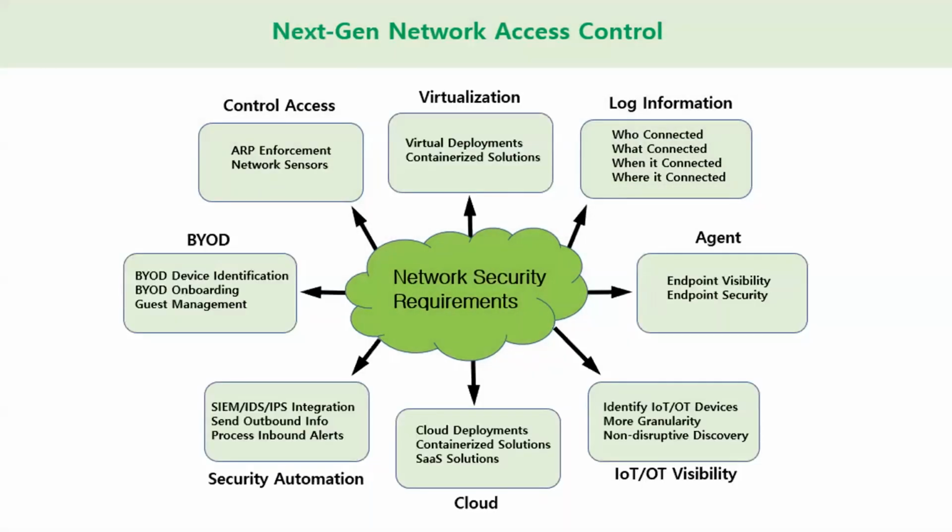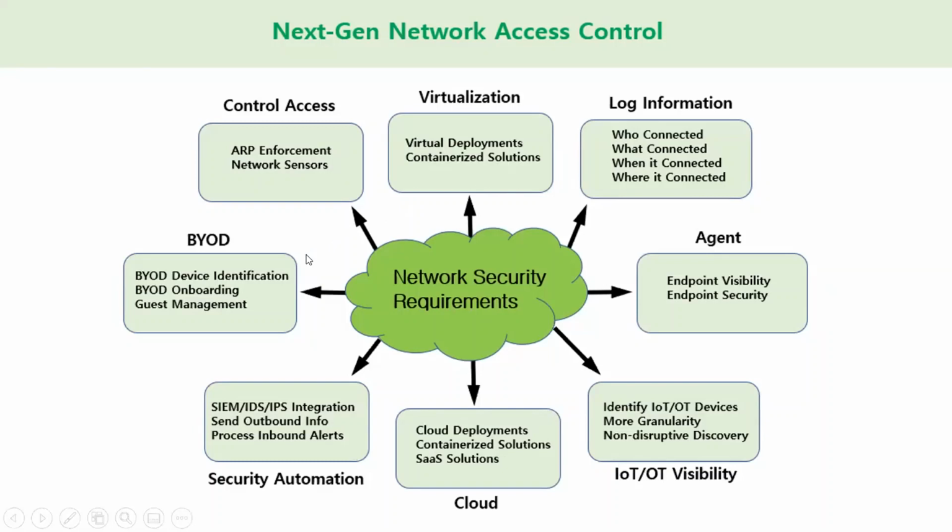But as security requirements increased and demand increased, many other features had to be added in order for the proper visibility and control to be present. One of the key things that was added was different types of network control, so ARP enforcement, for example, and sensors. That way you weren't tied to the network infrastructure and it was less complex to deploy. On top of that, virtualized options were added.